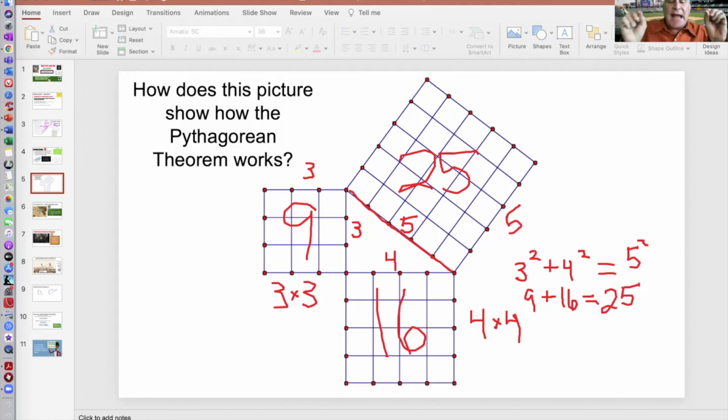So to get the answer correct, you would have had to say that the area of one of the legs is 9, when you square it. The other leg, 4 times 4 is 16. When you add 3 squared plus 4 squared, it equals the square of the hypotenuse, 5 squared, which is 25.